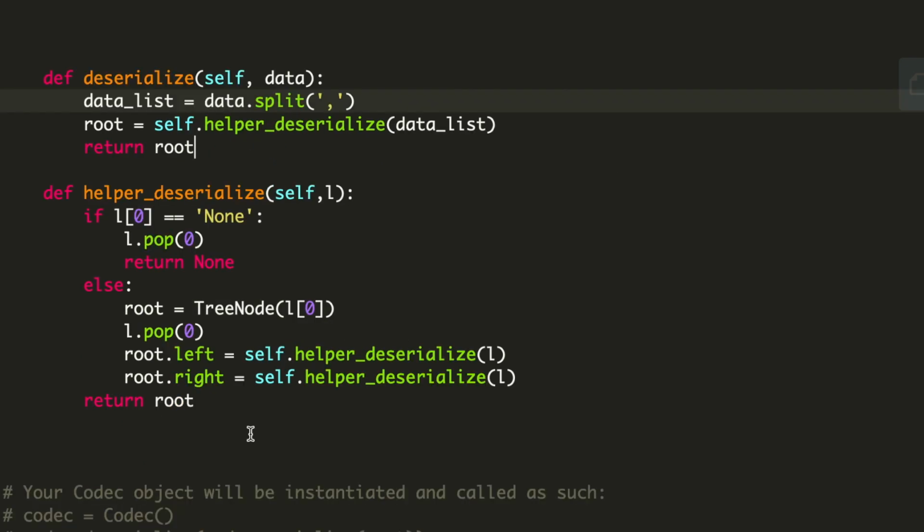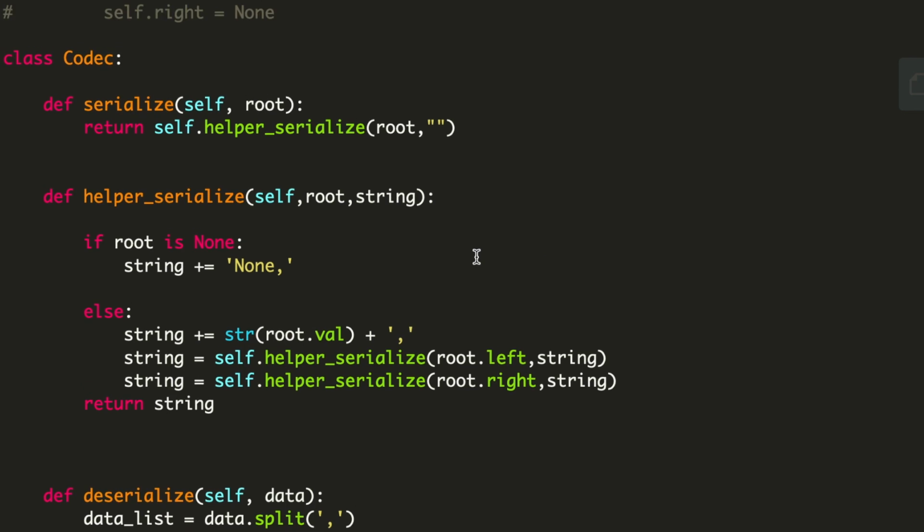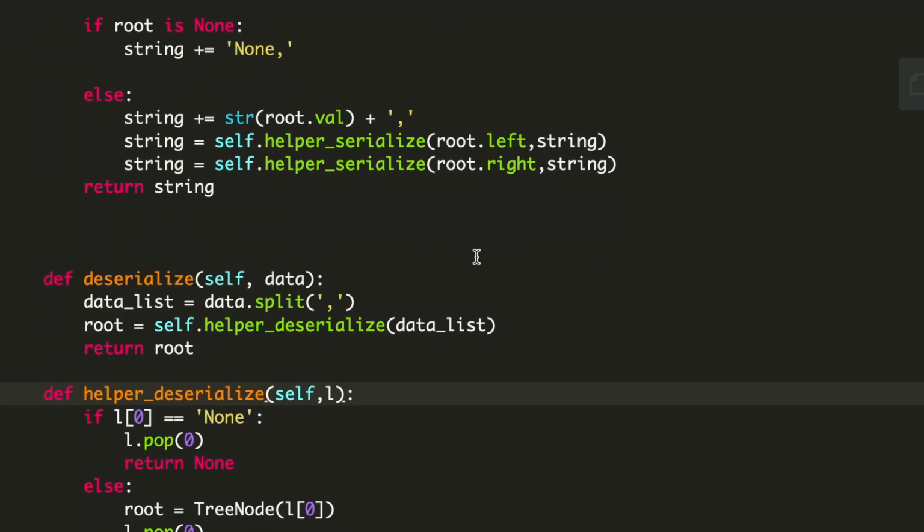Else, we're going to take the value at index 0 and make it a tree node, and put our root equal to that. Then we will pop it, and in the same way, we will keep adding the values on the left side and on the right side. And then in the main function we call the helper function and return the root. So this was the code. If you copy this code and paste it on LeetCode, it will definitely work.